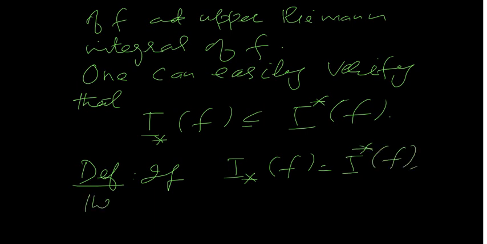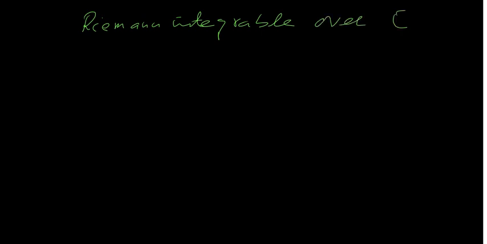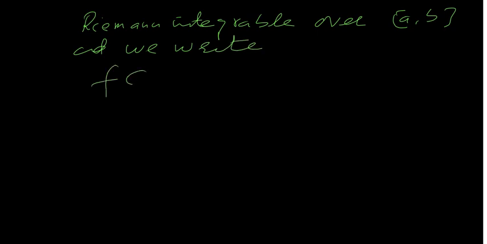then f is said to be Riemann integrable over [a, b], and we write this as f belongs to R[a, b]. R[a, b] means the collection of all Riemann integrable functions.